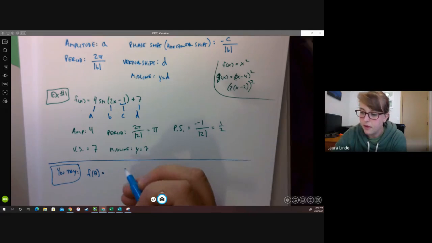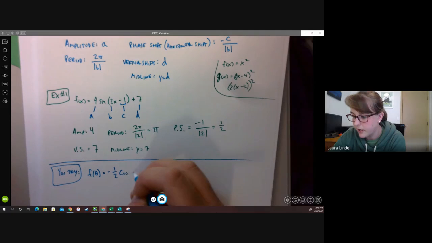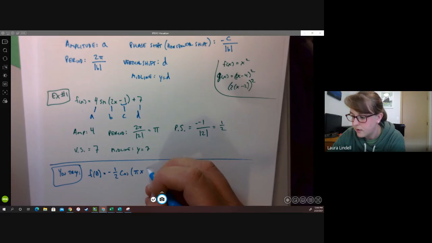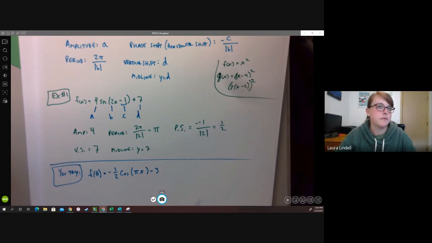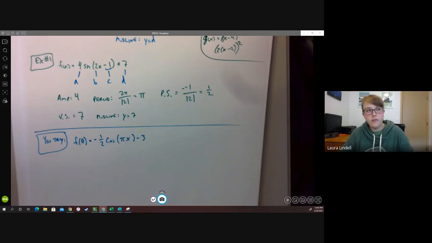Okay, then we'll go -1/2 cosine of pi x minus 3. So give this a try on your own.